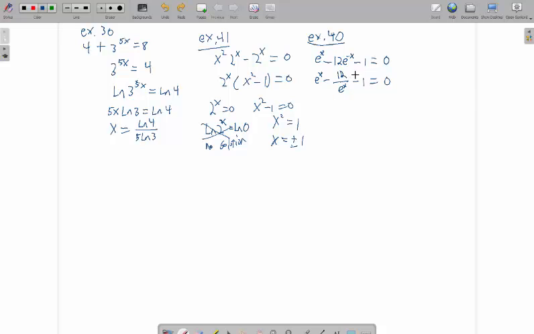So I multiply everything times e to the x. So that'll get me e to the x squared minus, well, let's do this term first, minus e to the x, and then minus 12. Oh, I forgot the x.